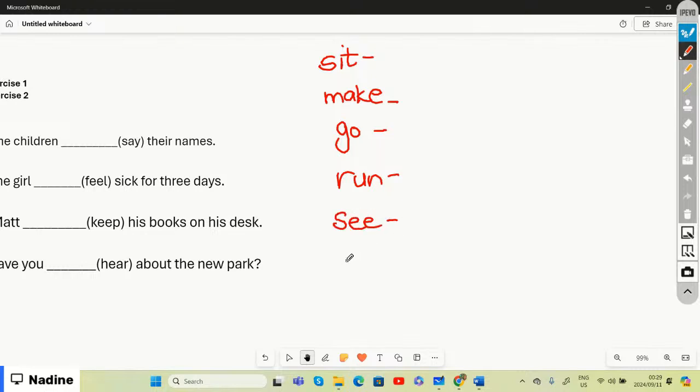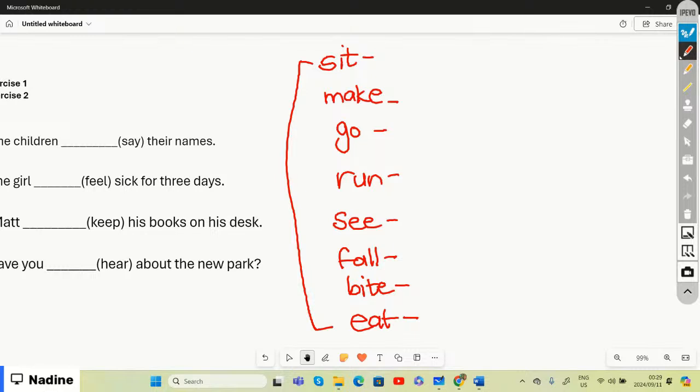See, fall, bite, eat. These are our present tense verbs, right? We need to give the irregular past tense verbs of these words.